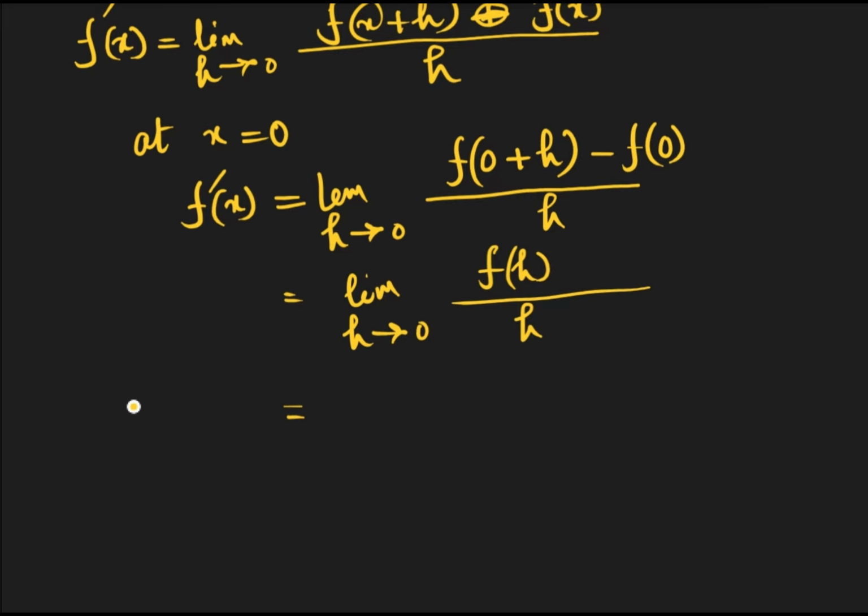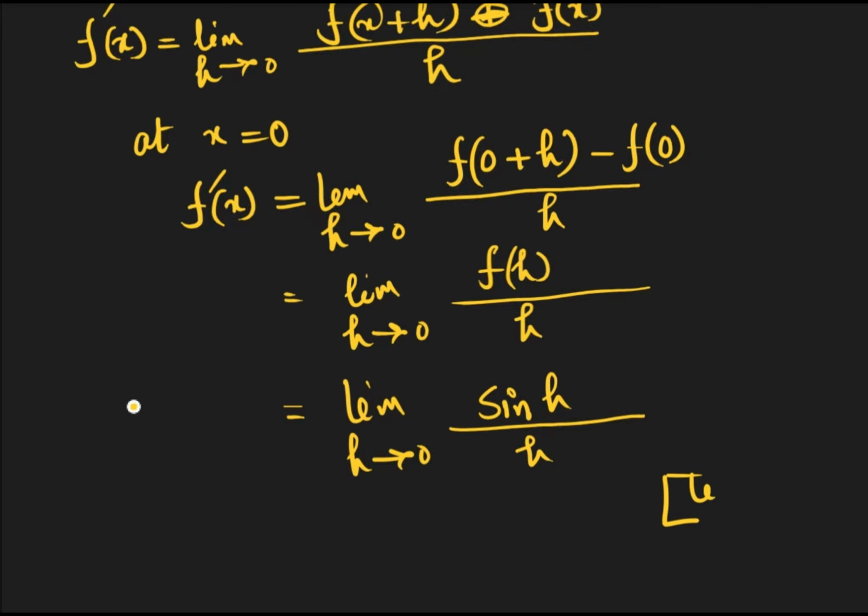So limit h tends to 0, f of h, the function is sine, so let's plug in the value of sine of h over h. We know that limit theta tends to 0 of sine theta over theta is equal to 1.